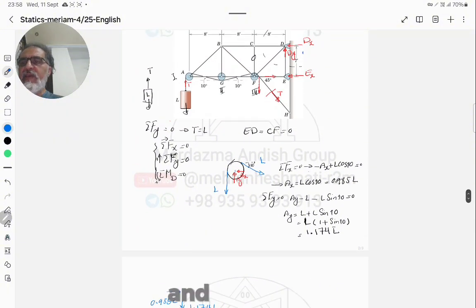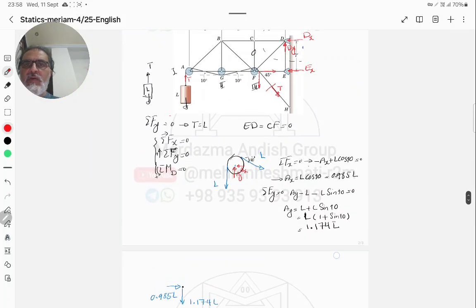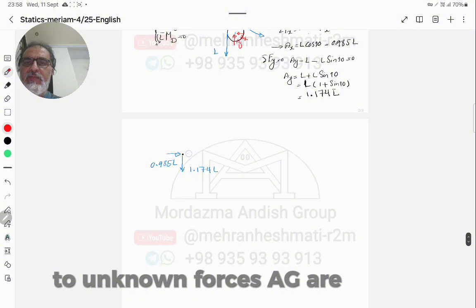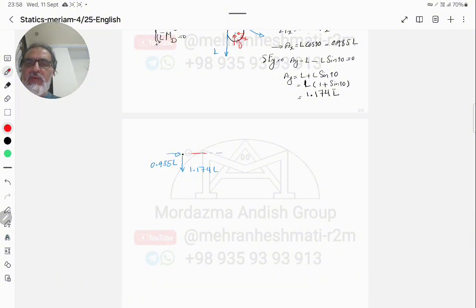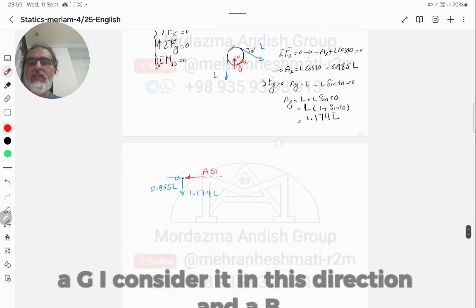And we have two unknown forces, AG, I consider it in this direction, and AB.